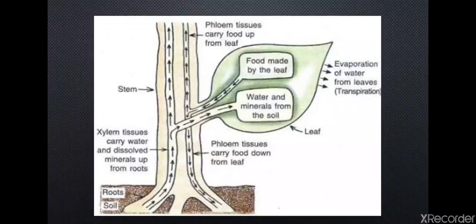And excess water is also released by the leaves of a plant in the form of vapors, and this process is called transpiration. So the evaporation of water from the leaves of a plant is called transpiration.